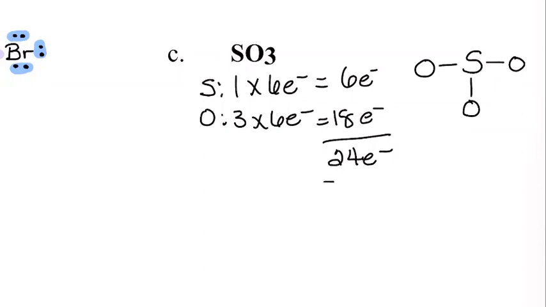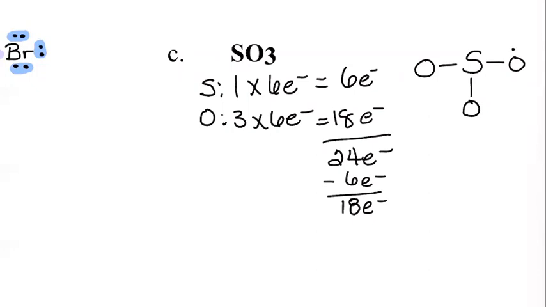Excellent job. I used 6 electrons in the system, so I have 18 electrons left, okay? So taking this into account, I'm going to fill the octets of the outside atoms in. Each of the oxygens is sharing 2 electrons with the sulfur, so each of the oxygens needs 6 electrons to complete their octet.